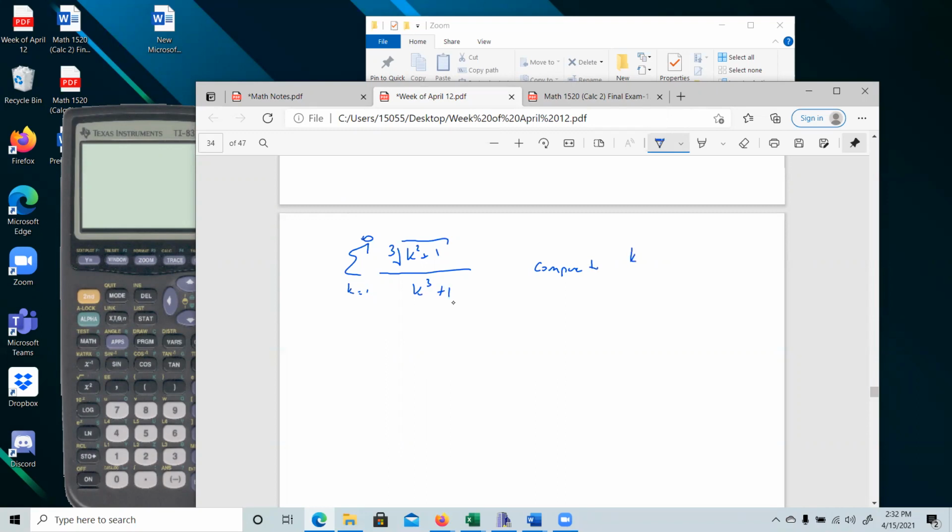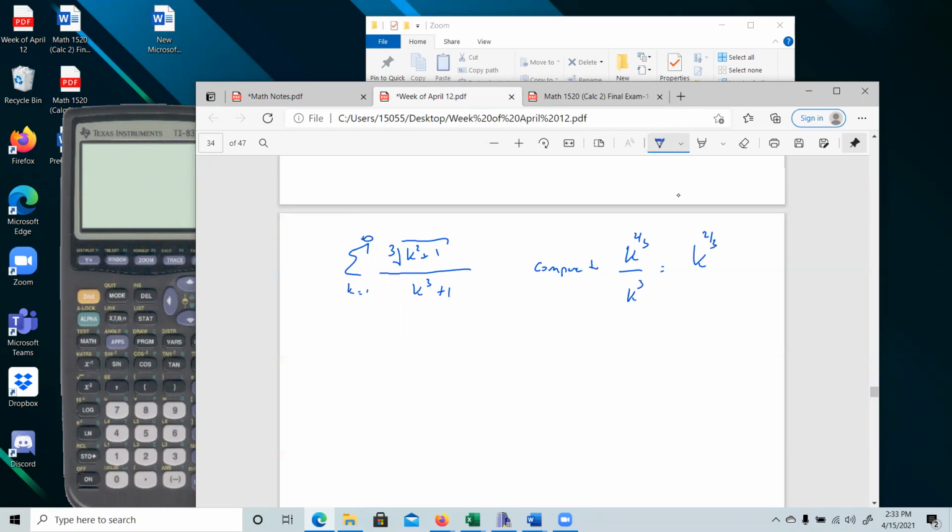We're going to compare to k to the 2/3 over k cubed. So this is k to the 2/3 over k cubed.